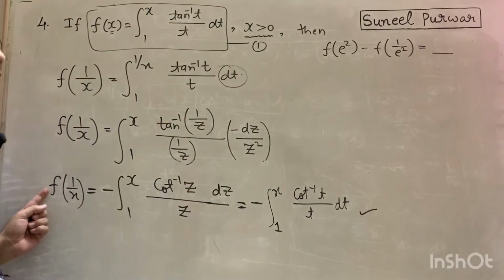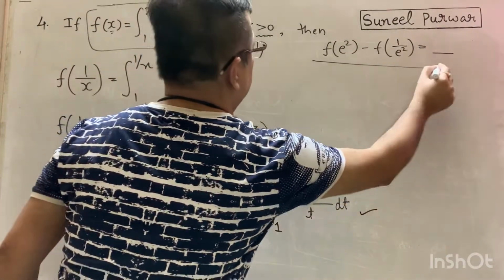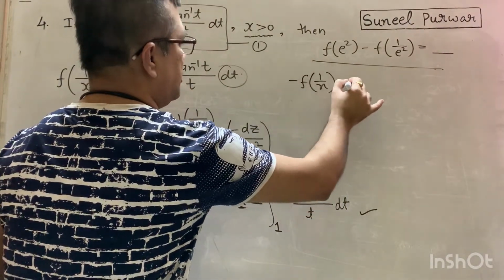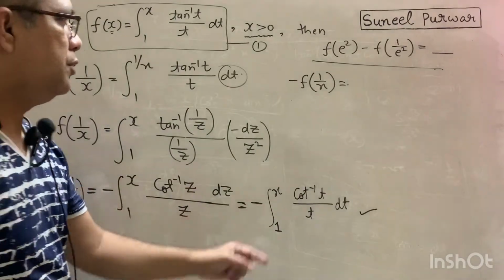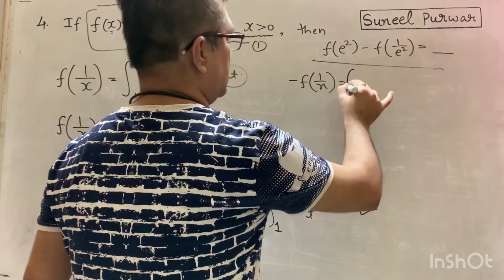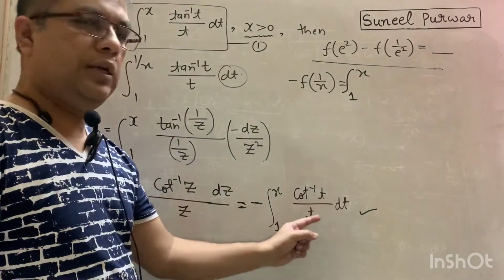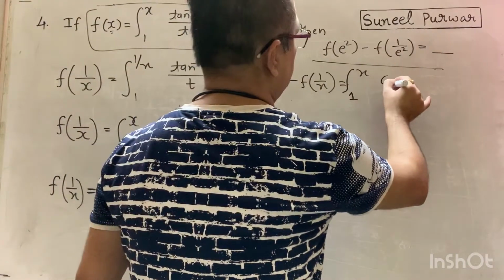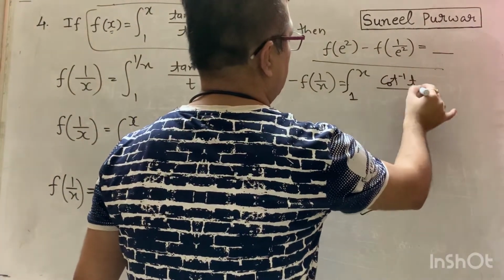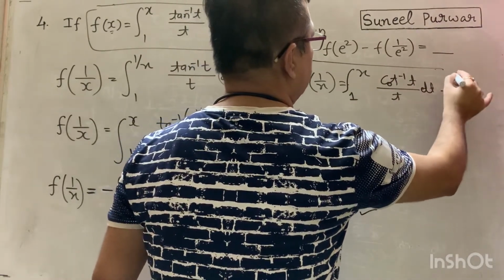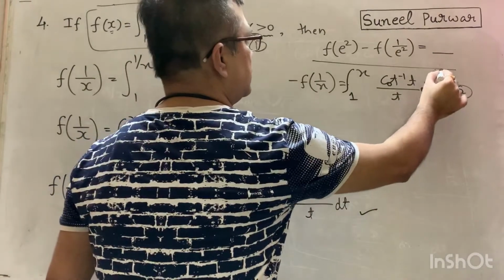So minus of f of 1 by x would become integral 1 to x, cot inverse of t dt by t. Let me name this relation 2.